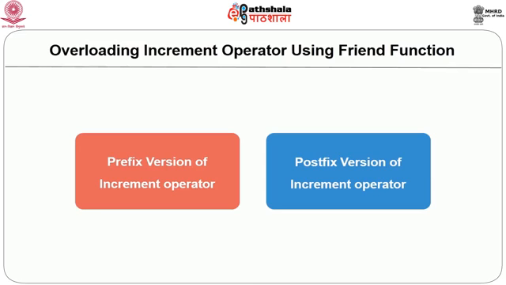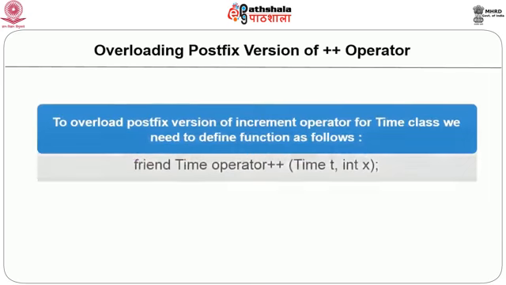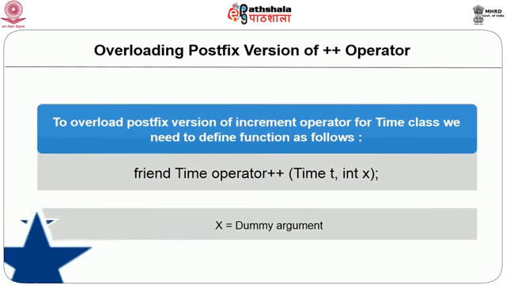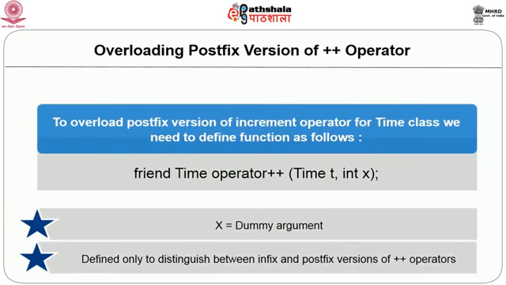So as in case of the member function, the compiler would allow us to define different prototypes for these two functions. In the postfix version, it would allow us to define one more argument, which will be just a dummy argument and will not play any role in the function, but its presence will communicate to the compiler whether this function is overloading the prefix version of the increment operator, or the postfix version.